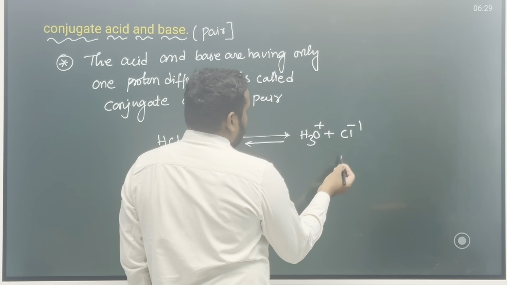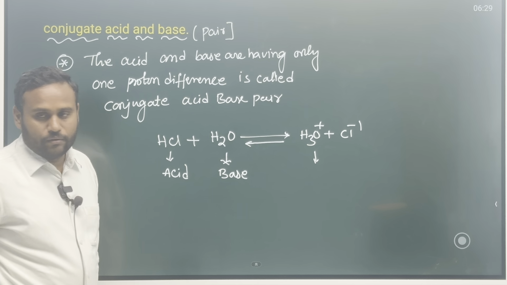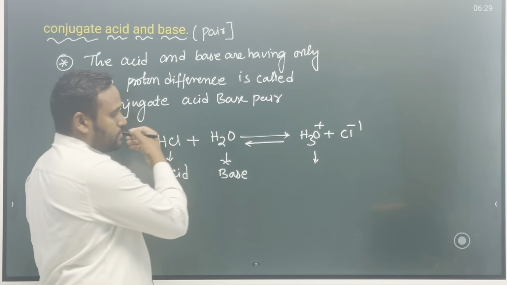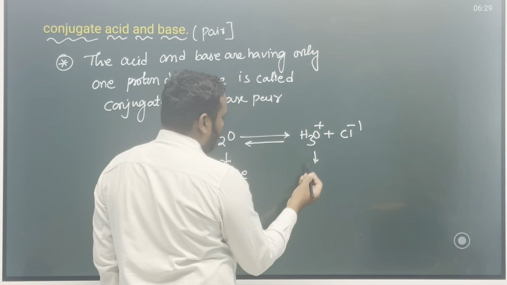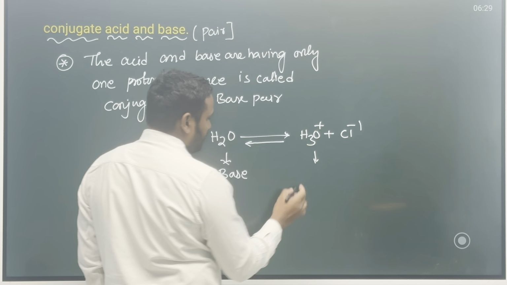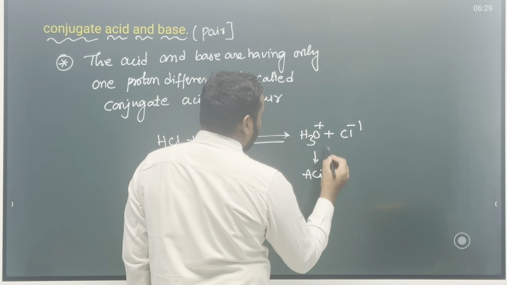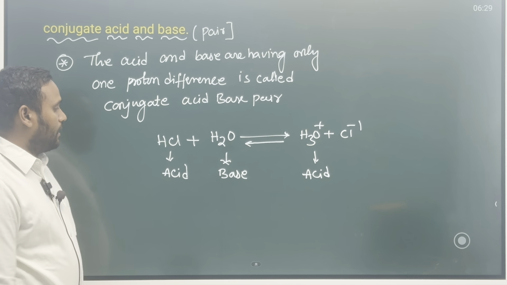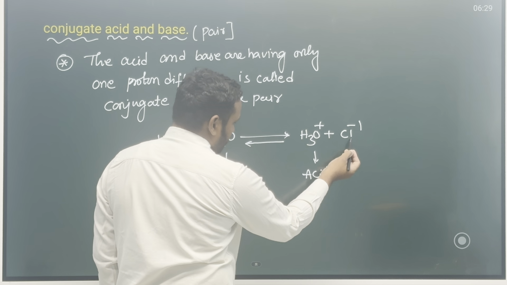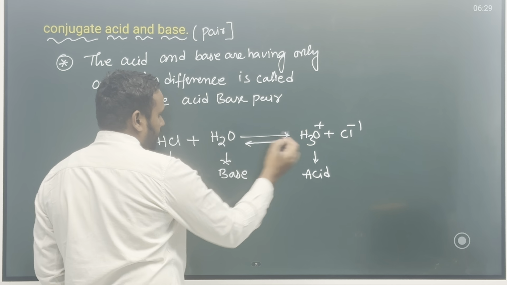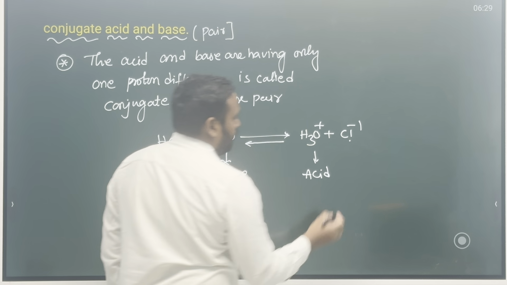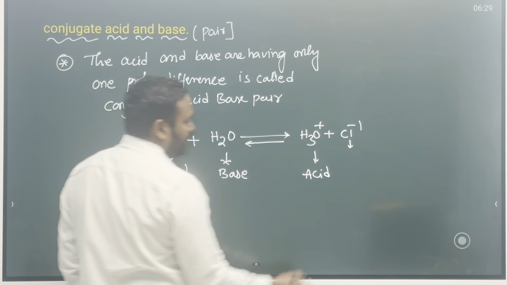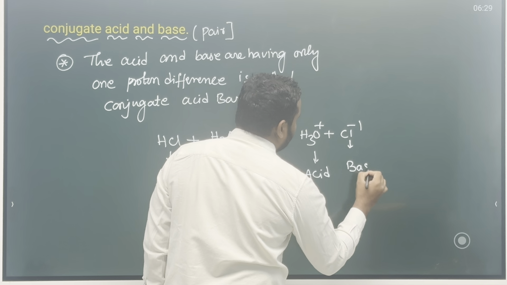And you see in the backward direction, H3O plus is losing a proton, so H3O plus acts as acid, and Cl minus in the backward direction is gaining one proton, meaning it acts as proton acceptor. So it acts as base.